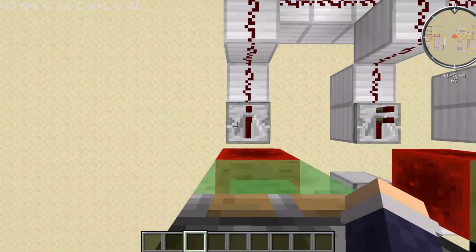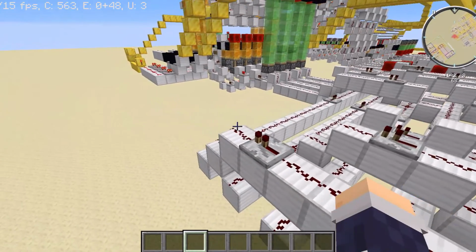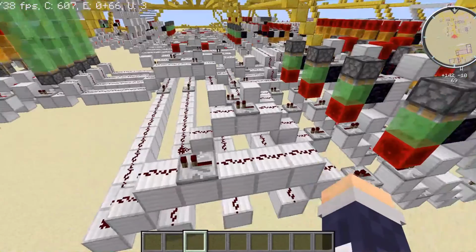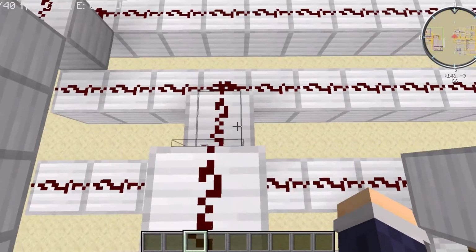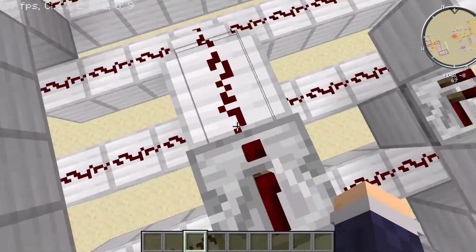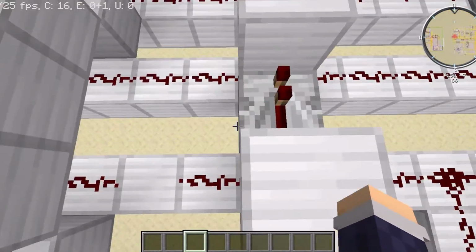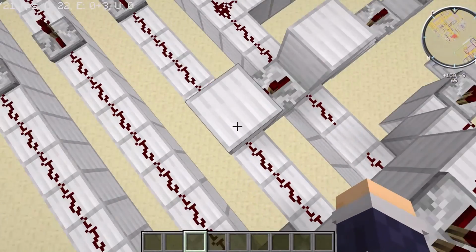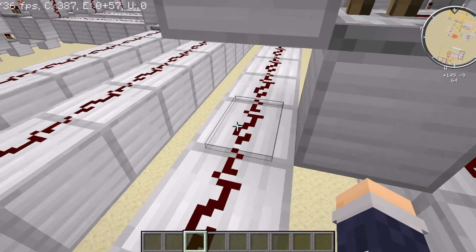So in this example, you can see the repeater is facing that way. So that means it's inputting data on the bus. What I would recommend is putting the repeater always as close as possible to the line. Here I actually didn't do that because what you can do is put a repeater and a block over it, so this repeater will power that block, powering that line.